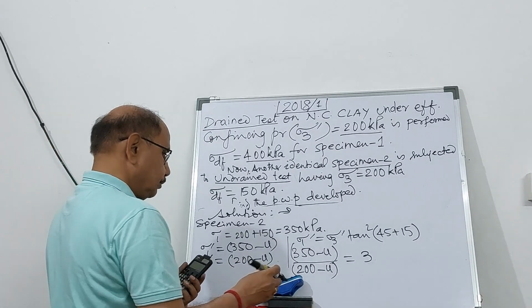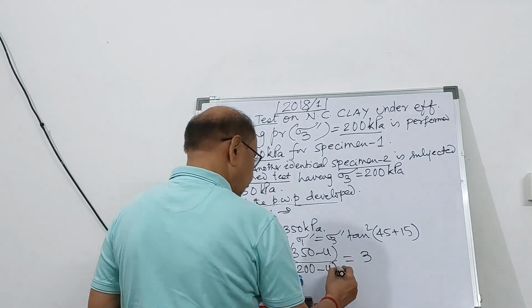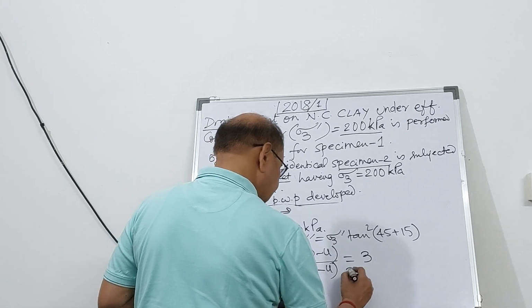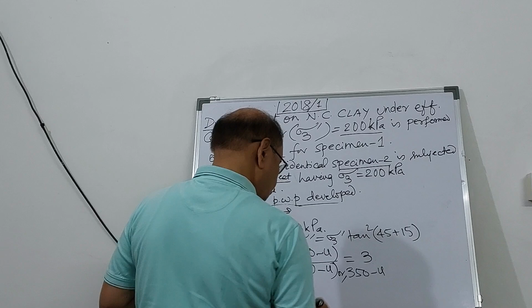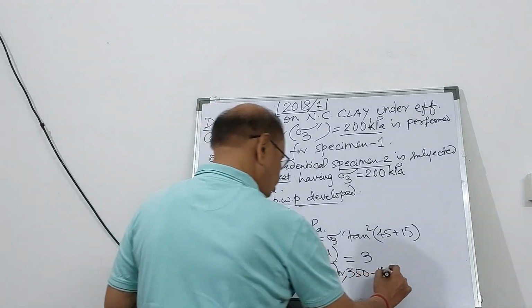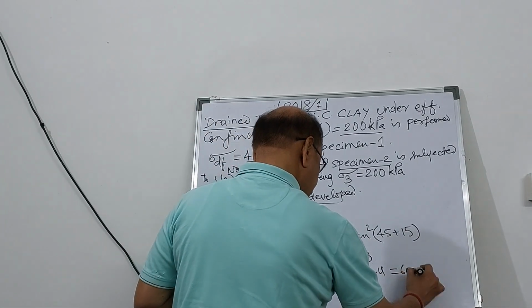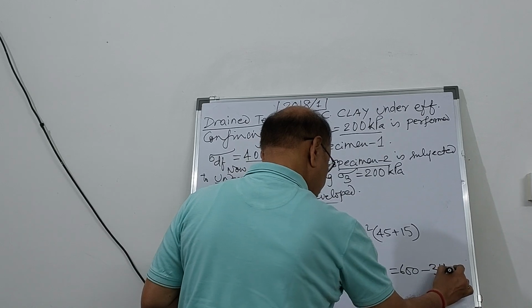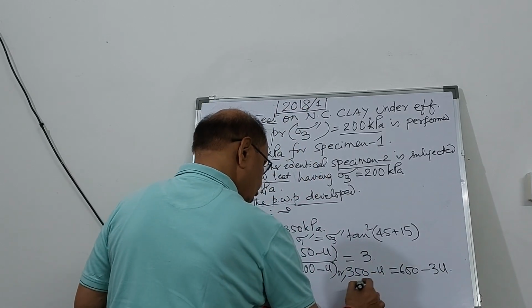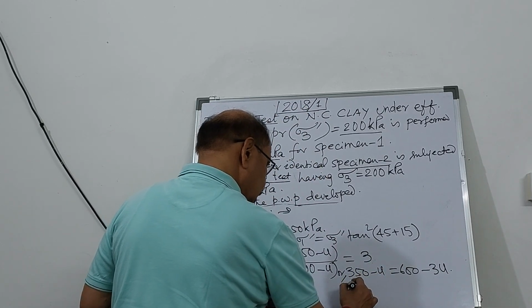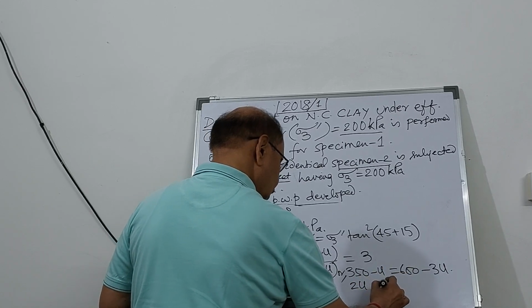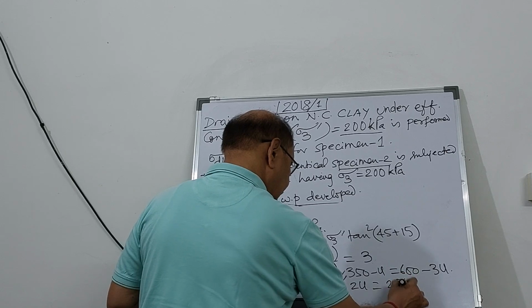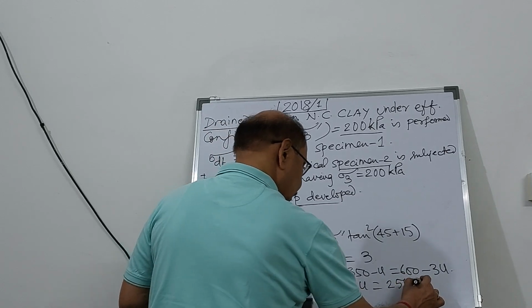Therefore, simplifying, 350 minus u equal to 600 minus 3u. So 3u minus u, 2u equal to 250 kilopascal.